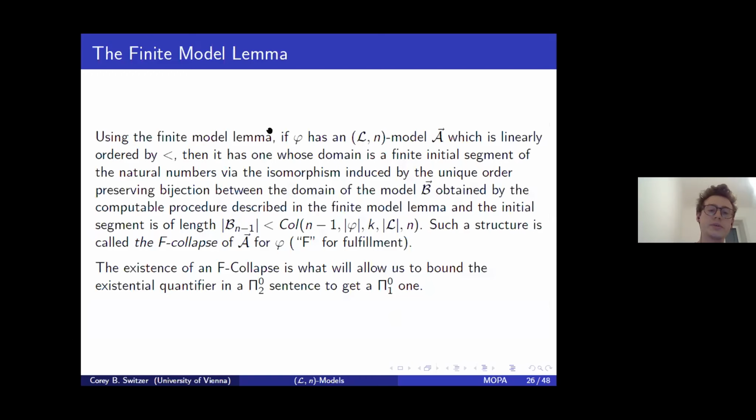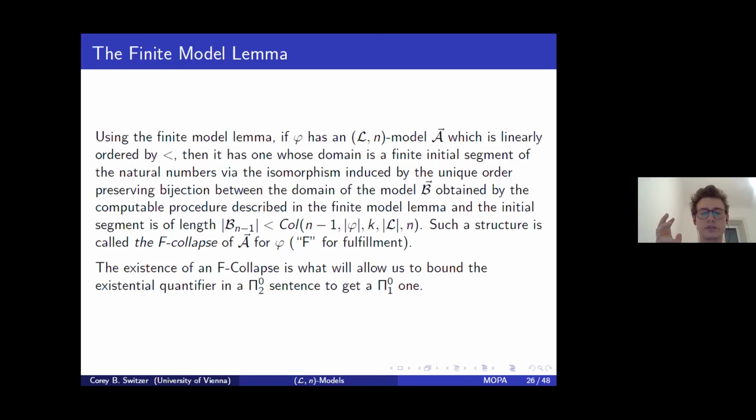And then the point is that using this finite model lemma, if phi has an L_n model A vector, which is linearly ordered, I guess I don't need that it's linearly ordered. I'm sorry, this is a typo as well, excuse me. If phi has an L_n model A vector, then by this finite model lemma, it has one that is kind of small. I mean, it has size at most col(n-1, phi, k, L).